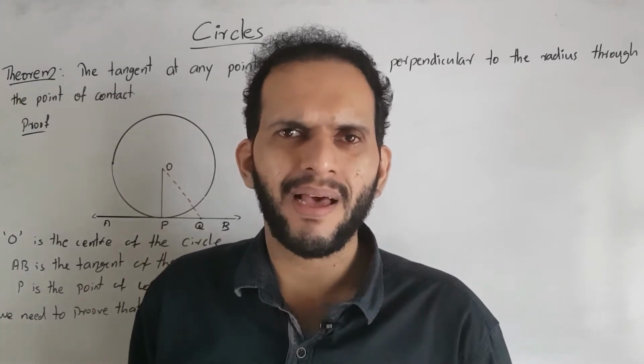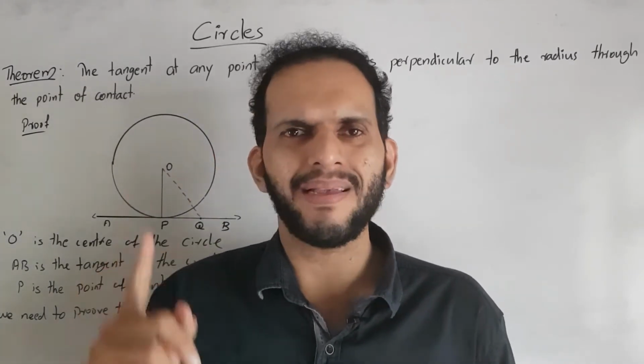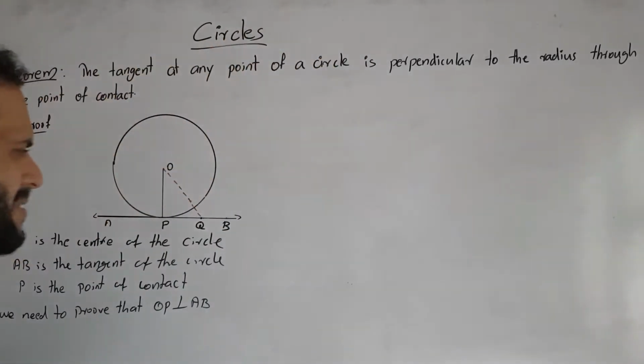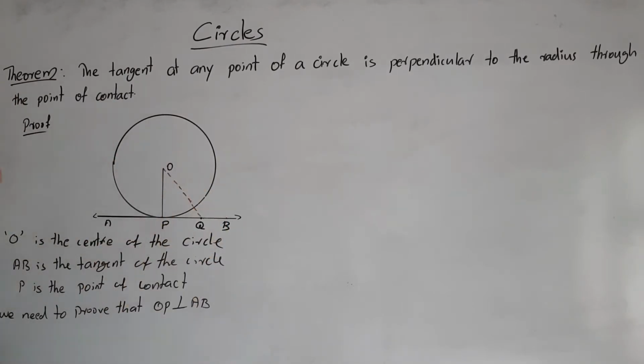All the points lie outside the circle. Why? Because AB is a tangent. If the point lies inside or on the circle, the line is not a tangent.